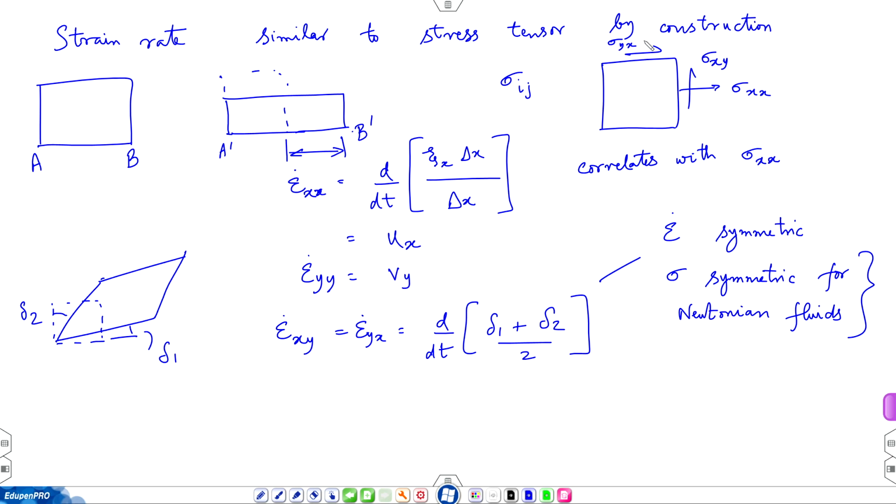Some polymers, which have a very long molecular chain of atoms, may be twisted microscopically, and sigma xy may not be equal to sigma yx. But for simple materials of the type we have in mind, there is no microscopic moment at the scale of this element, which makes sigma symmetric, and which is why we have made epsilon dot xy equal to epsilon dot yx as the average of delta 1 and delta 2.